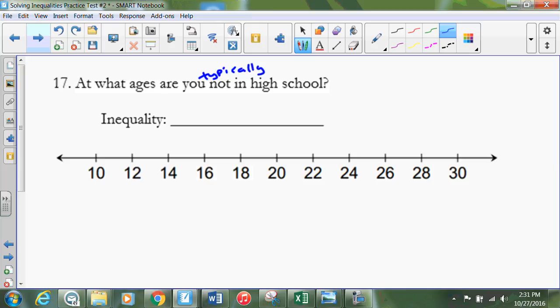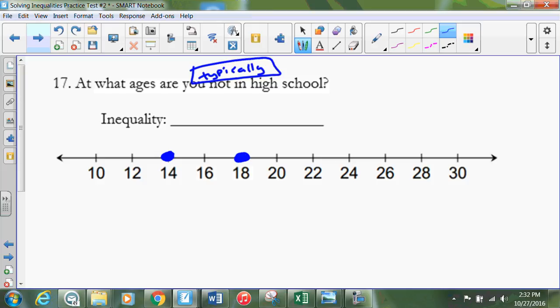Typically, you can't be under 14. So we'll go ahead and circle this. You can be 14 and still in high school. And then most people graduate at 18. Are there some who are super seniors? Yes, but we're going to look at typically. They typically graduate at 18.